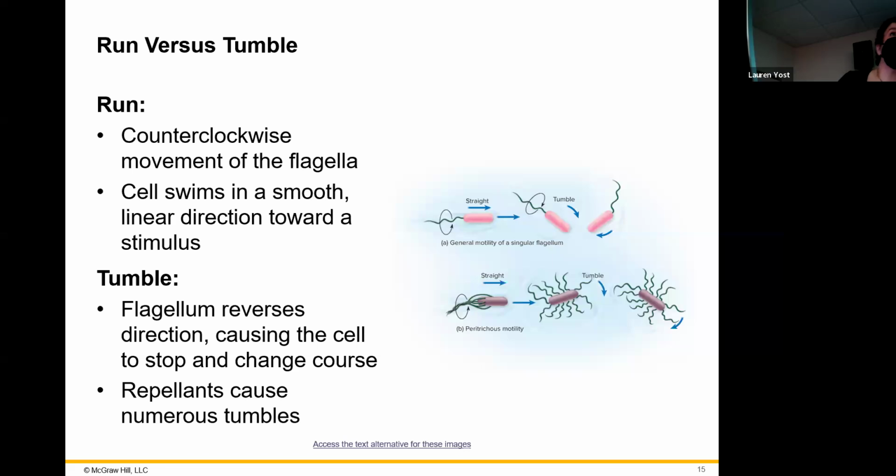So usually the movement can be relatively random and we can't entirely control the direction we're going, but we try to control it by just switching between running and then tumbling. Tumble is just when you switch that direction.